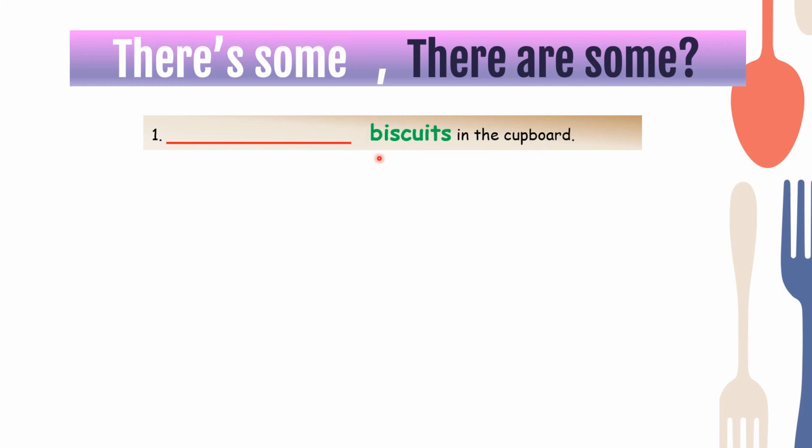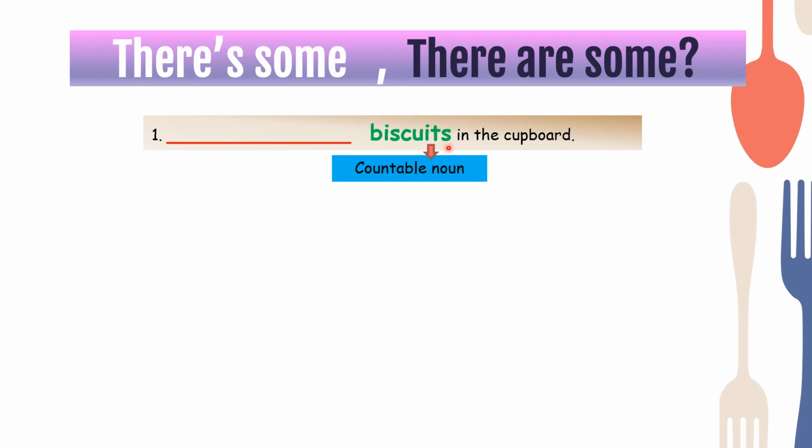Now look at the word biscuits. What kind of noun is this? Is this uncountable or countable noun? The answer is it's countable noun. Why?